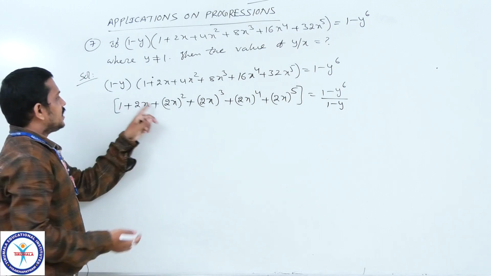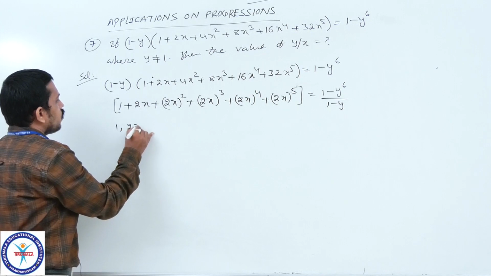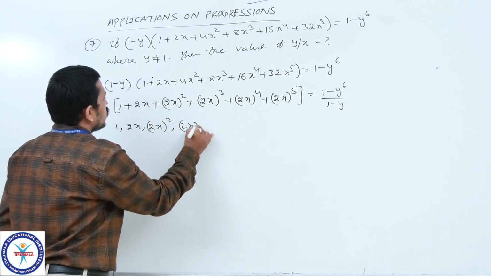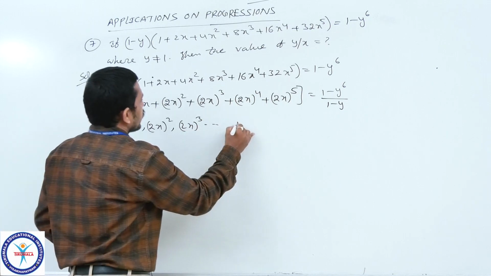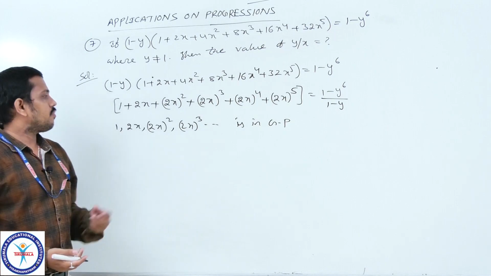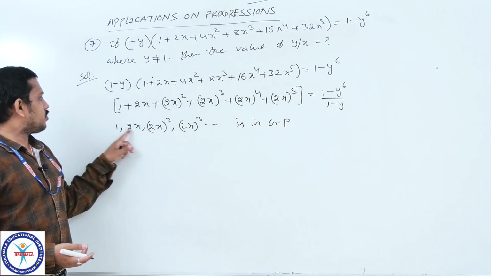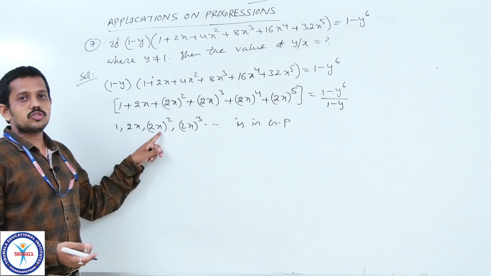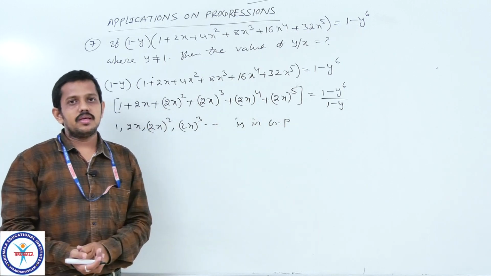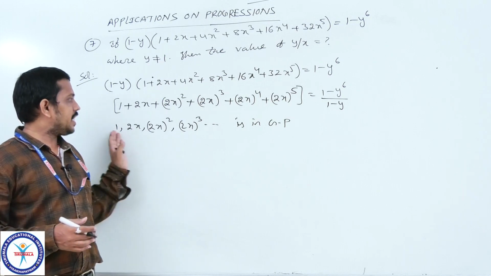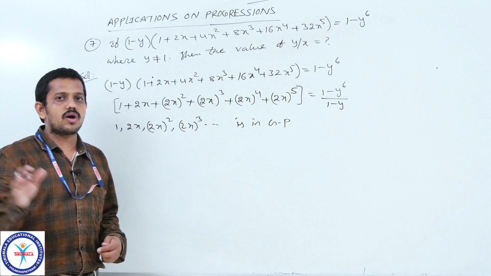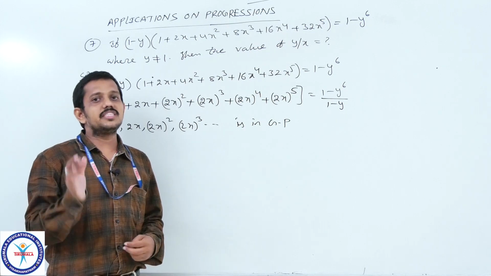Now here this series 1, 2x, (2x)², (2x)³ and so on is in GP, geometric progression. Why? Because here the ratio between any two consecutive terms is 2x. So clearly this is in GP. If any sequence is in the form of 1, r, r², r³ and so on up to rⁿ, it is always in GP.